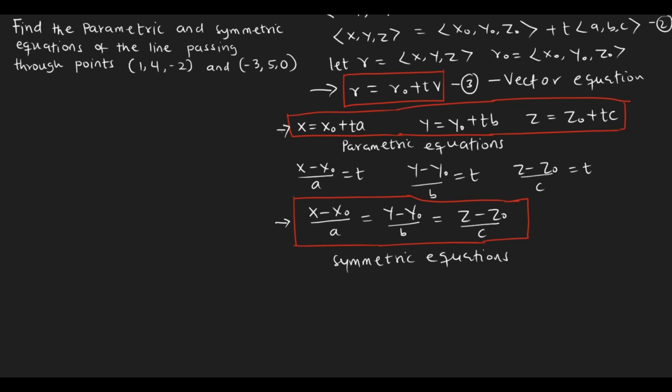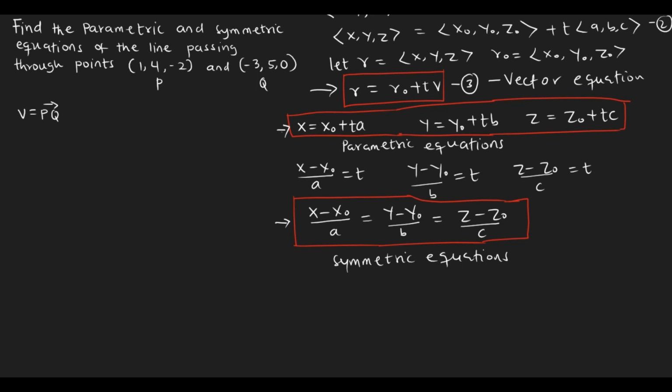You know vector V here is the direction vector. To find this direction vector, we can subtract the first point from the second point. I'm going to name the first point P and the second point Q. So V is equal to vector PQ.